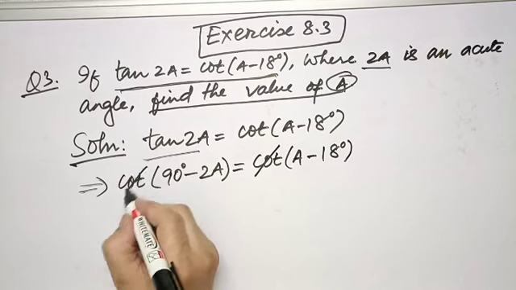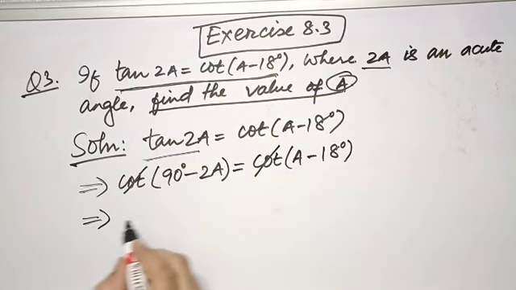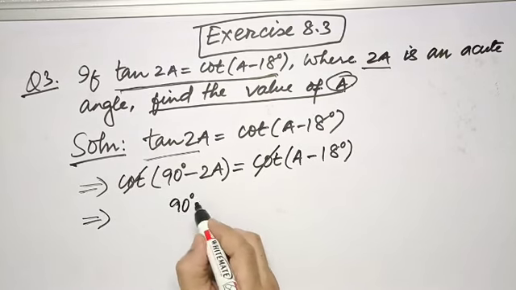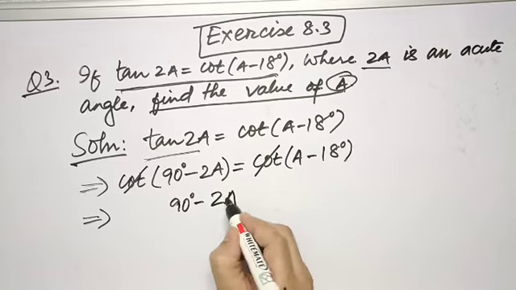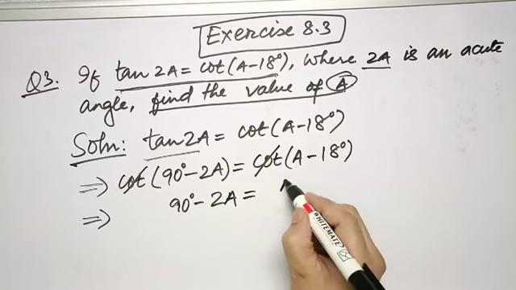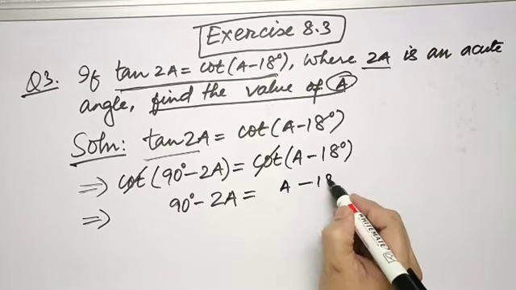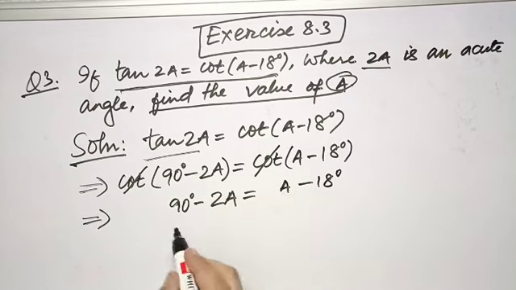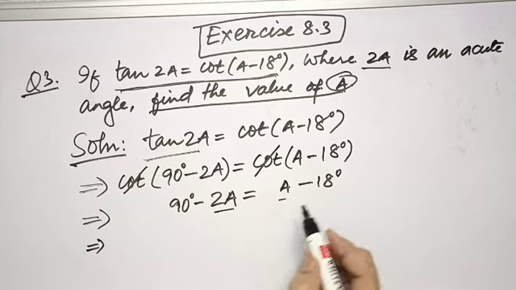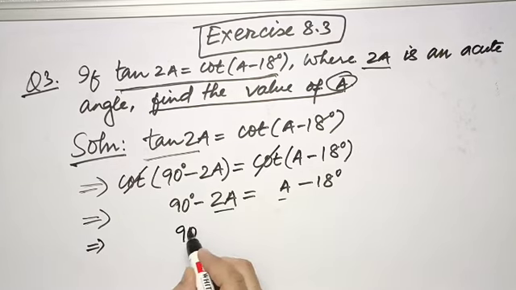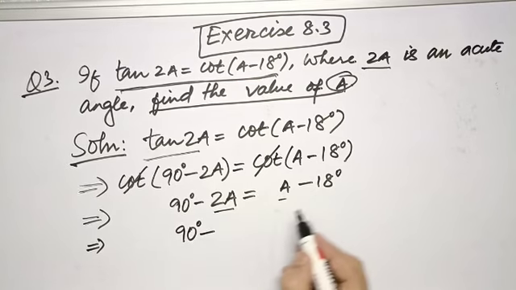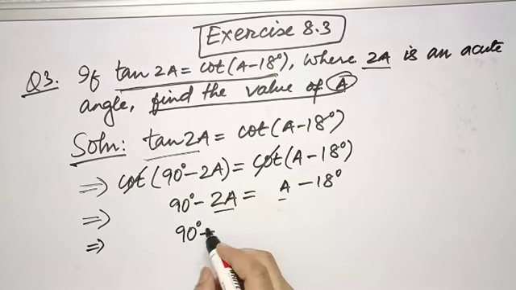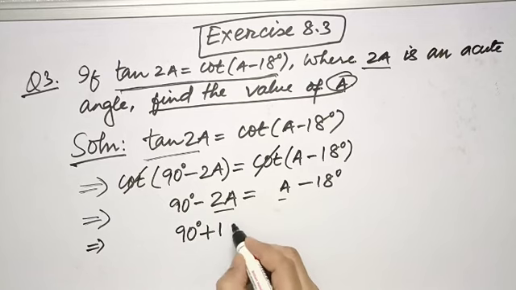If you cancel these two cot, you are going to get 90 degree minus 2a equals a minus 18 degree. Now I'll make the angle terms go to one side, and the a terms to the right hand side. Now 90 and this 18 comes to the left hand side, it will become positive.